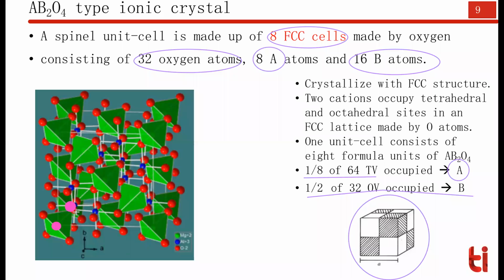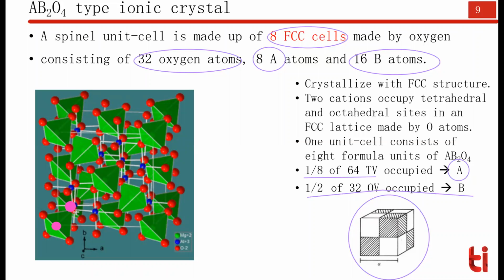Again, there are two positions, the lower position and the upper position. So on one side, the lower position will be occupied, and on the right-hand side, the upper octahedral position will be occupied.